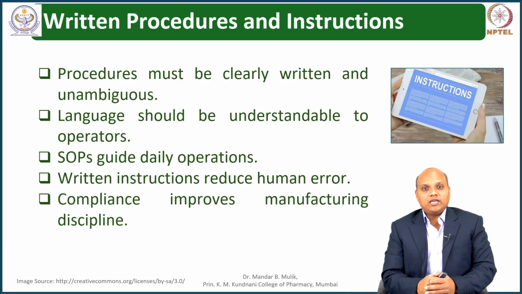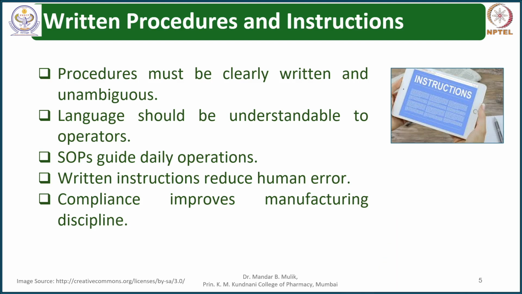Discipline is mandatory. Discipline brings a significant impact on the quality of the final product. Hence, discipline in the workers and operators needs to be maintained so that it can have an impact on the final product quality as well.